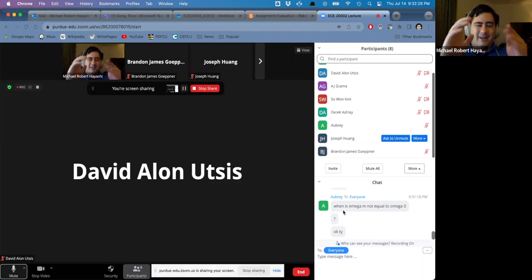So final answer, in a circuit that is not purely in series or in parallel, where you get parallel series combinations of the resistor, inductor, and capacitor, you will find that omega r equals omega m. However, that does not equal omega naught, which is always going to be 1 over square root LC.